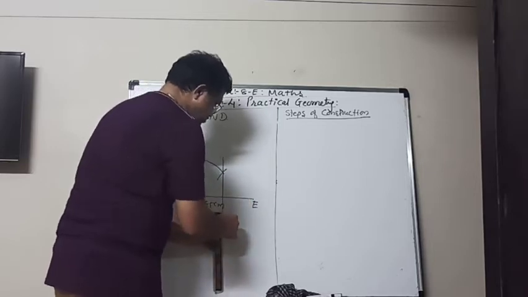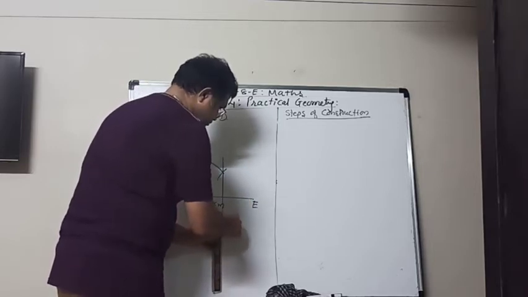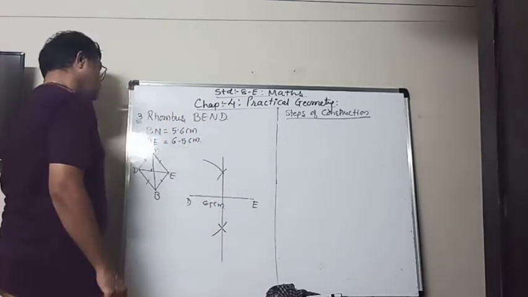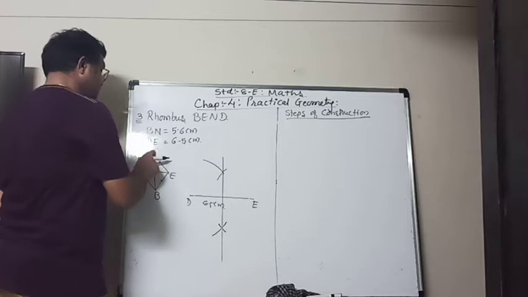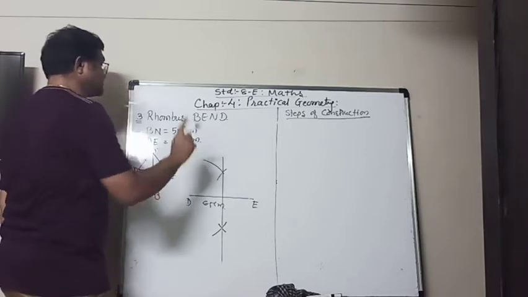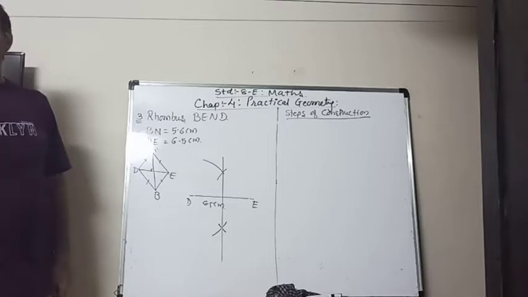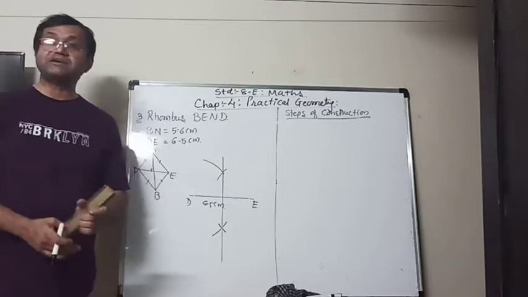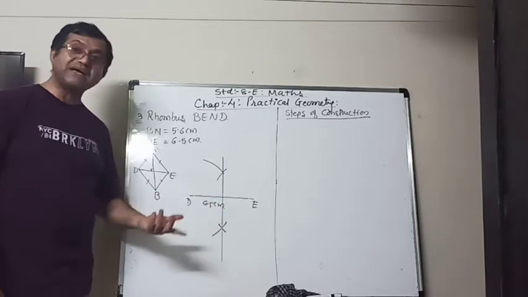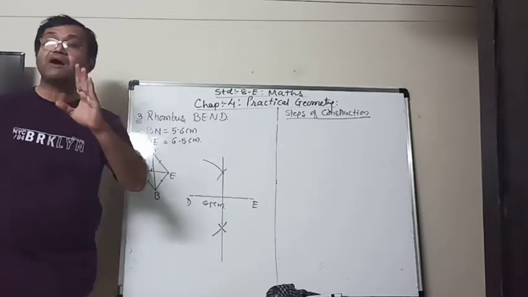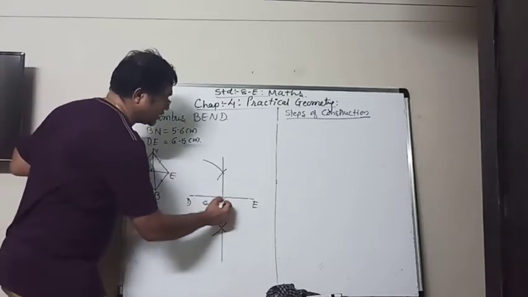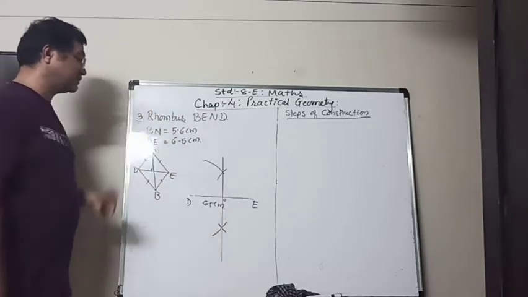You can extend it also, because we will need it. Now here the other one is 5.6 centimeter. But it should be the total 5.6. And it also bisects, it means we have to take half of 5.6. Here we can give the name like O, because we will need it.